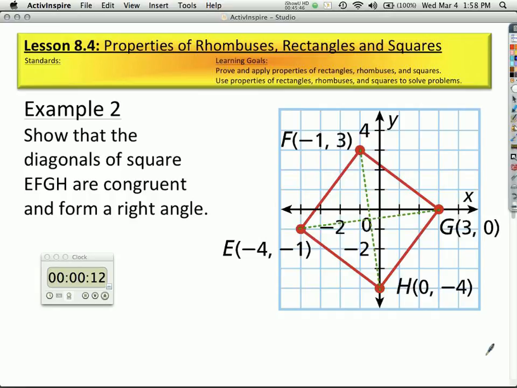And you can prove that's right angle because the slopes of each diagonal are opposite.